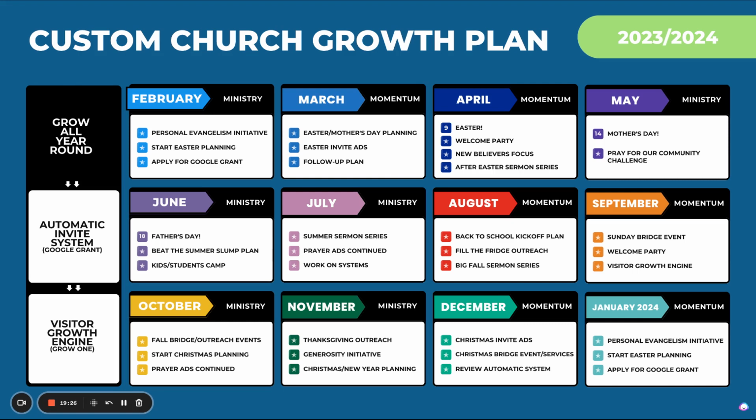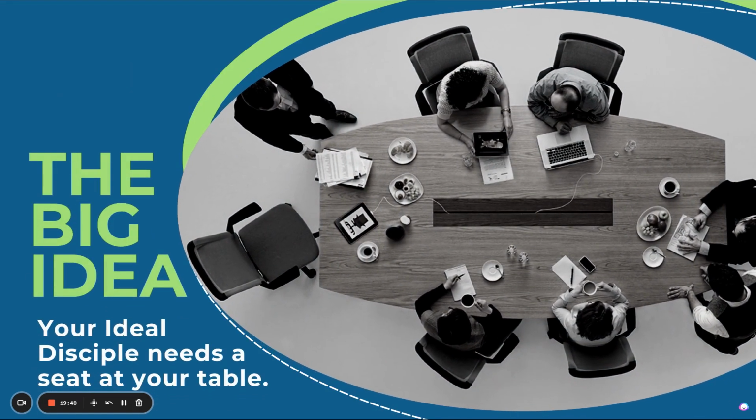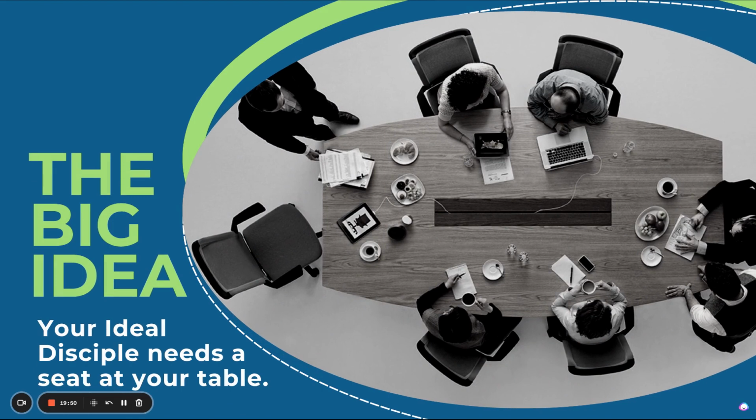Each church would have some similarities, but we're going to put together a customized system that shows what we need to do in each season, each phase of the year, to ensure that growth is consistent throughout. And the big idea is that your ideal disciple needs a seat at your table in order for your church to experience exponential growth.